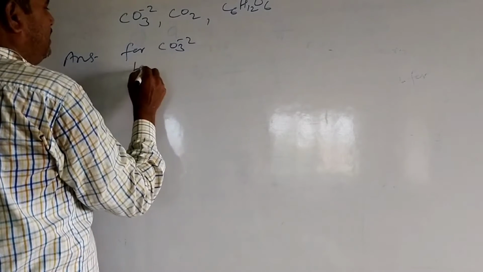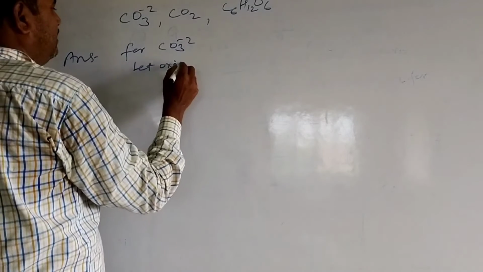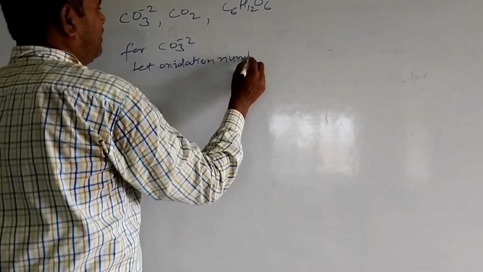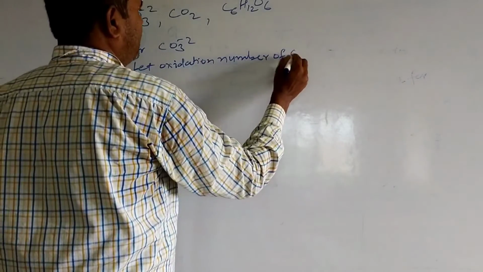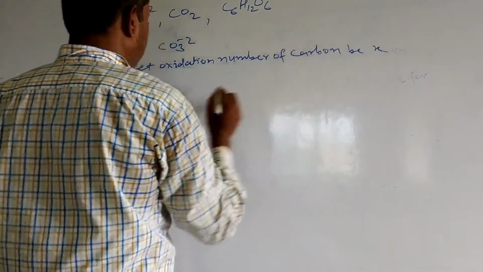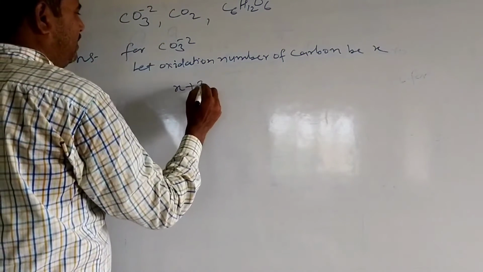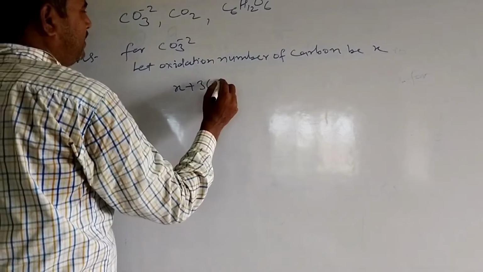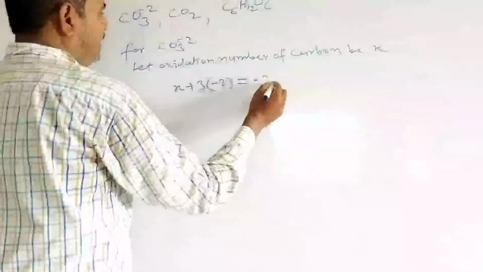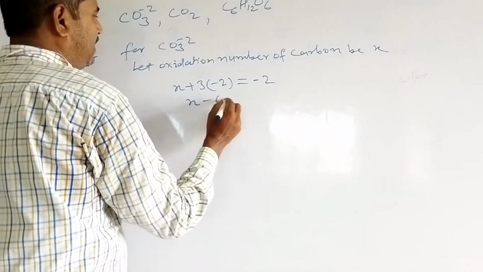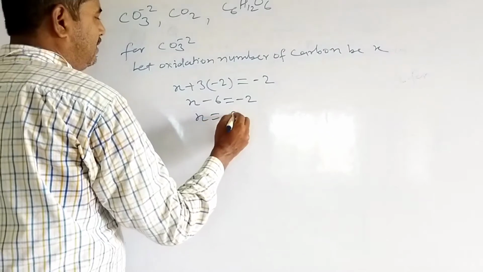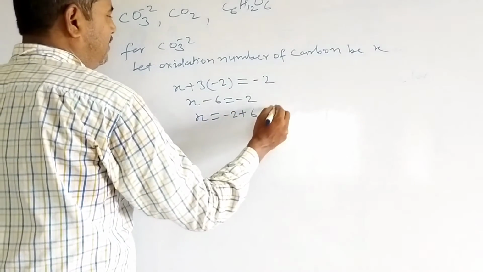First, CO3 2-. Let the oxidation number of carbon be X. X plus 3 times the oxidation state of oxygen, -2, is equal to the charge present, -2. X minus 6 is equal to -2. On transposing, X is equal to -2 plus 6, that is 4.